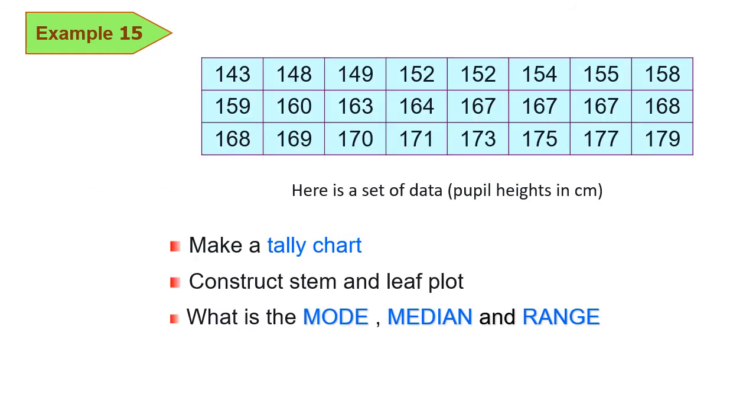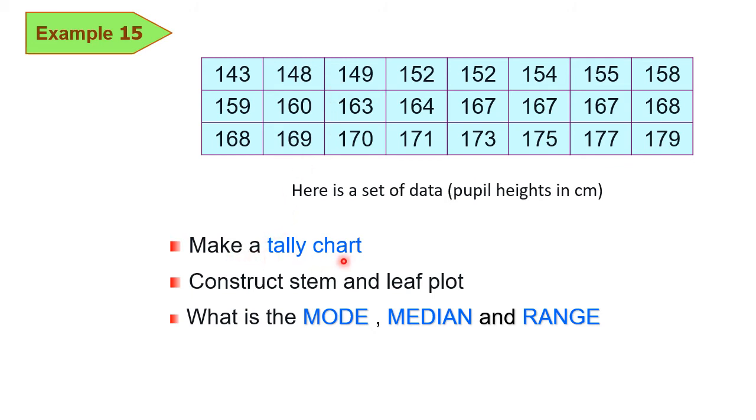Next, example 15, and I think the last example regarding stem and leaf plot. Here we are given the raw data, but the data is already sorted according to ascending order.